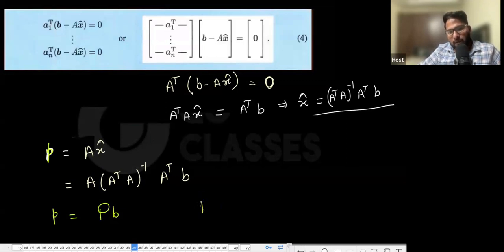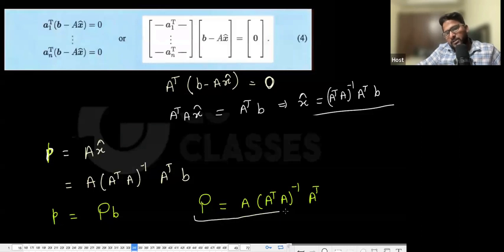We call this capital P the projection matrix, right? This is the projection matrix for any arbitrary basis that is encoded by A.